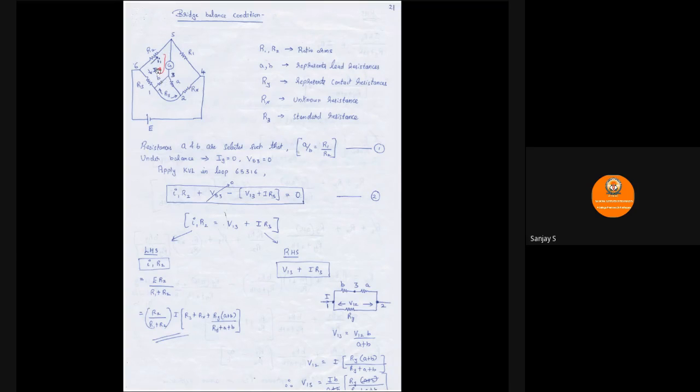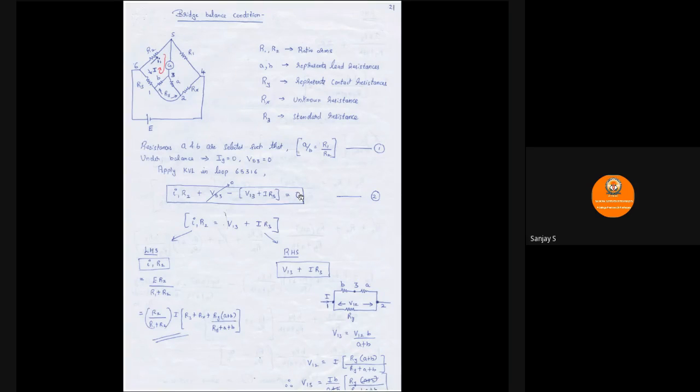If you apply Kirchhoff's voltage law, you'll be getting I1 R2 plus V phi 3 minus V13 plus IR3. IR3 is nothing but the current in this particular arm. Potential difference across 1, 3 is nothing but V13. If you add them all, you will be getting 0 as per KVL.